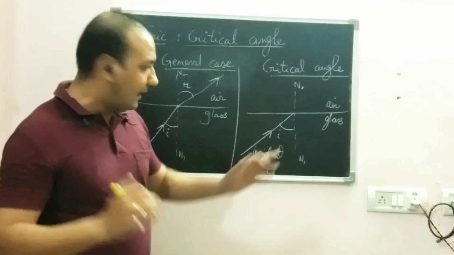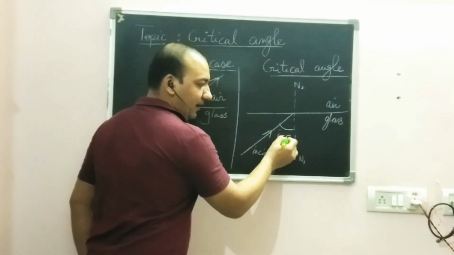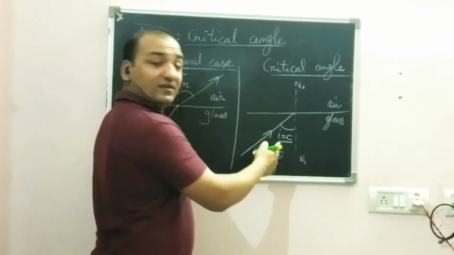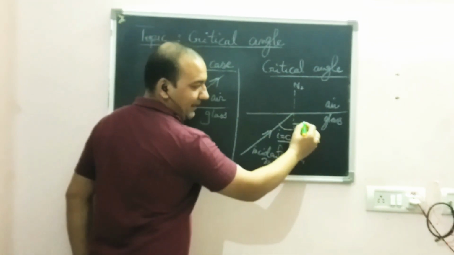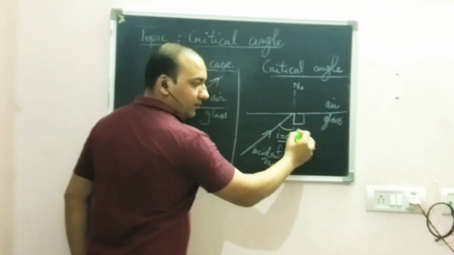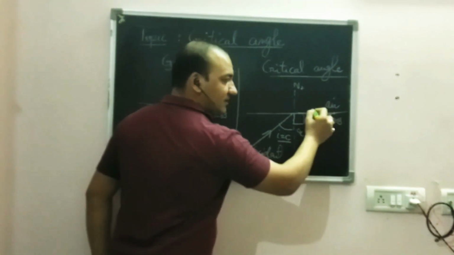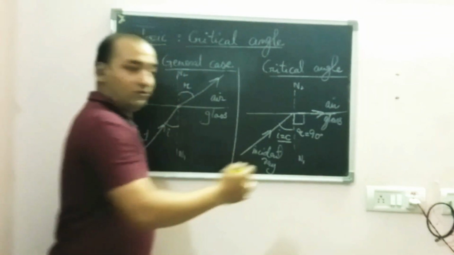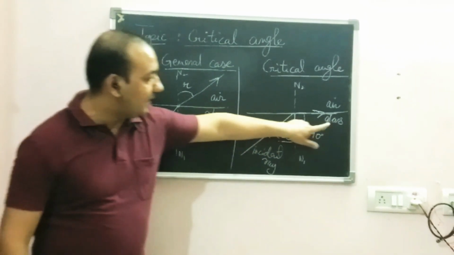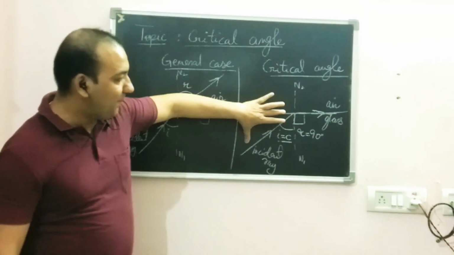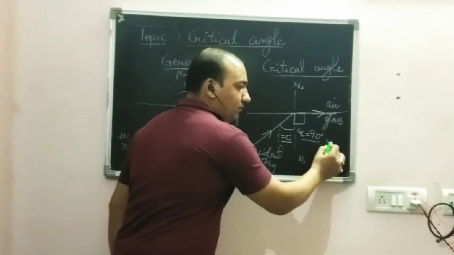Now if this angle of incidence becomes equal to the critical angle, which is i equals C, then this angle r turns out to be 90, so the ray bends by 90 degrees. That's going to be r equals 90 degrees. The ray bends like this. So critical angle is the special angle of incidence in a denser medium when a ray passes such that the angle of refraction becomes equal to 90.